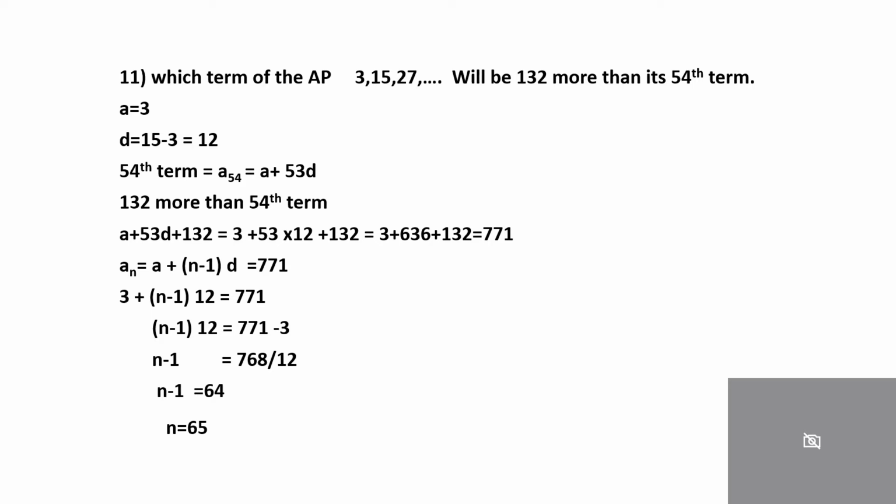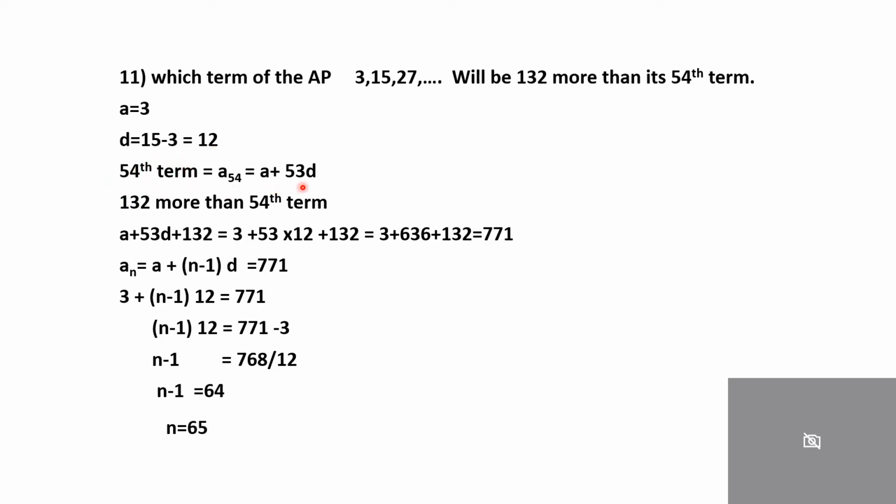Which term of the AP 3, 15, 27 will be 132 more than its 54th term? So you see, what is a? a is 3. What is d? a2 minus a1, 15 minus 3, 12. First we will see what is the 54th term.